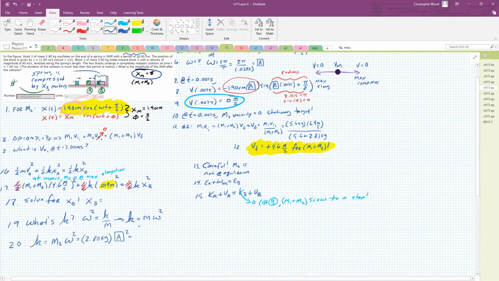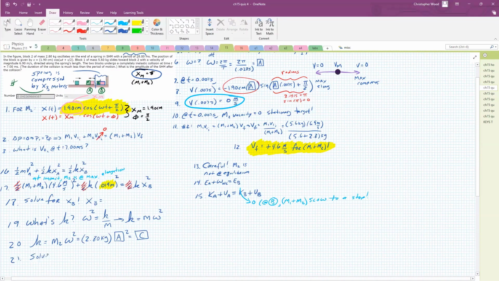Okay, and let me just double check. Is it M2? Yeah, because it's mass 2 that has an oscillation period of 28 milliseconds. So 2 times pi divided by 28 milliseconds. Yep, that's omega. I square that times 2.8. All right, that's the same answer twice. So now we can solve for xb. Go back to 17.